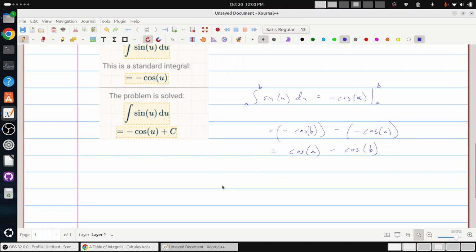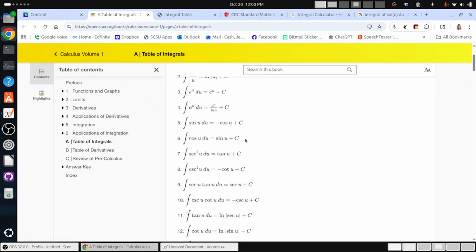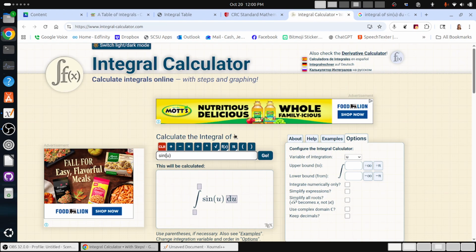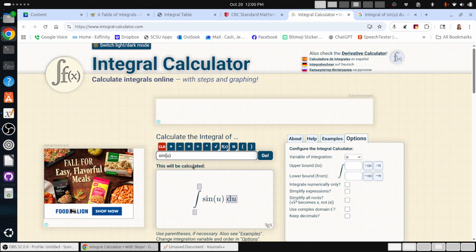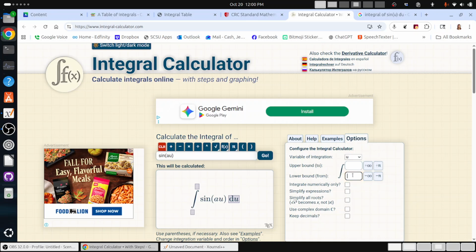Before I move on to another example, I want to go ahead and pull up not just the table of integrals, but the integral calculator, and show how we could actually work with this one in these different forms. So let's say we've got an au in there, and then I'm going to evaluate it from 0 to b.